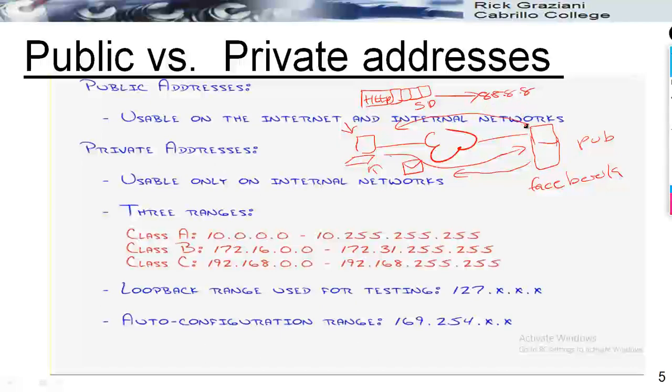So one might wonder, how then am I getting the packets if the destination is private? All the routers in that cloud, the internet, all they're interested in is what is in the destination, in the IP header. It just looks for the destination address so that it can route that packet.